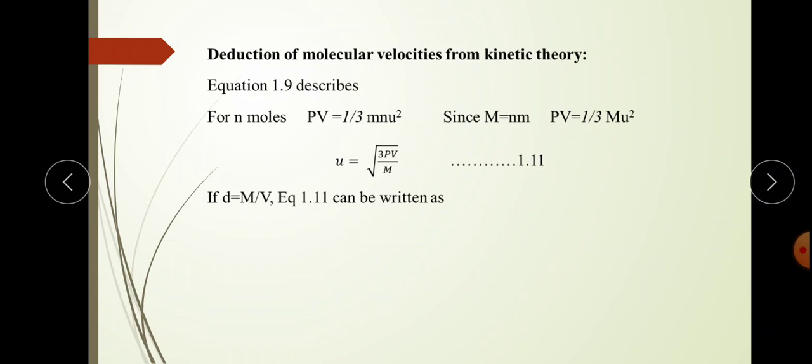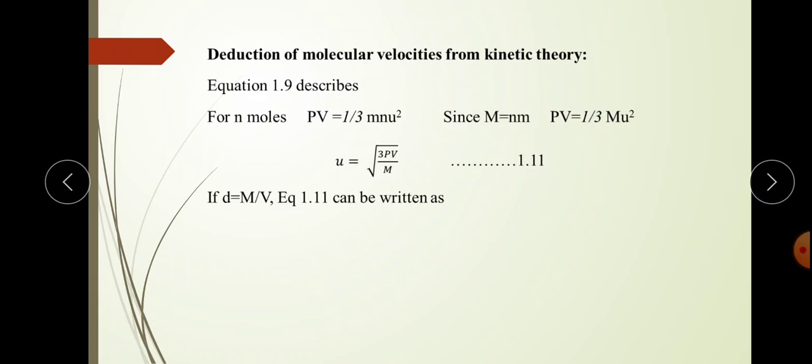Now, deduction of molecular velocity from kinetic theory. In the previous lecture, equation 1.9, which describes n number of molecules, gave PV equal to 1 upon 3 m n U square, where P is the pressure, V is the volume, m is the mass of a molecule, n is the number of molecules, and U is the RMS velocity.